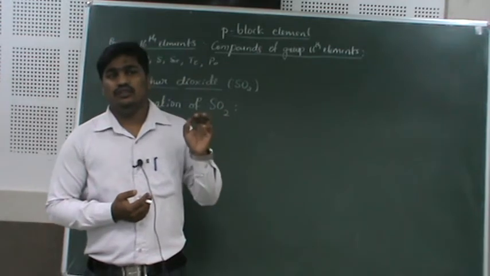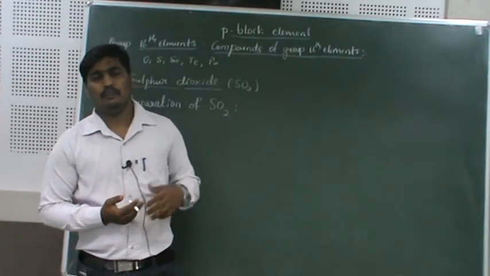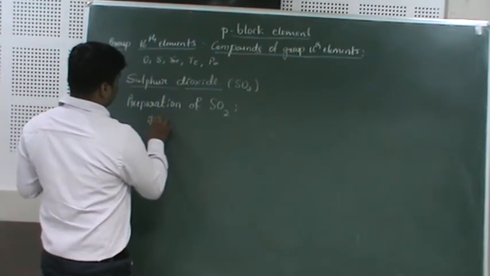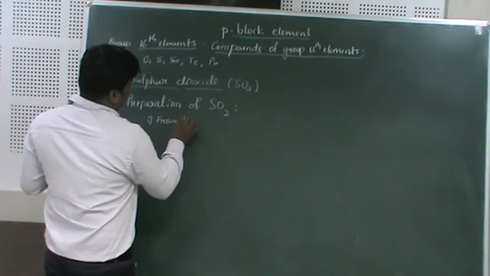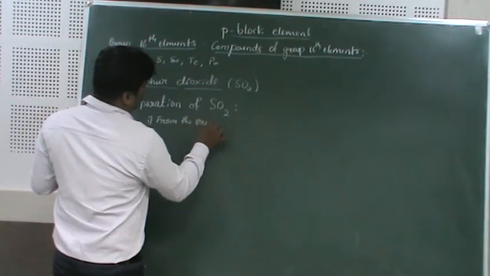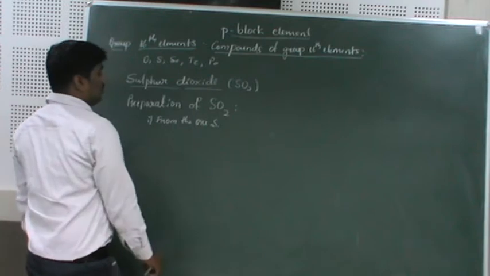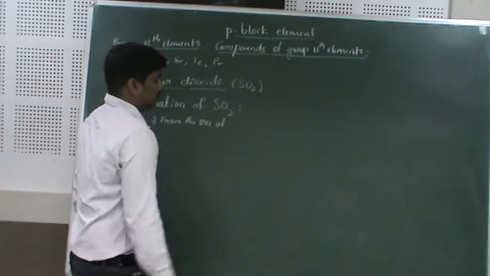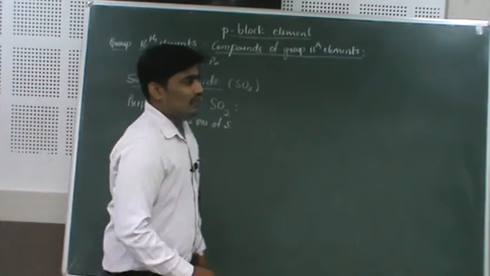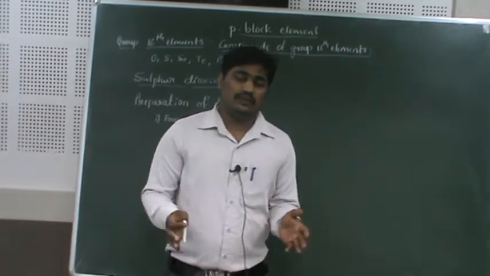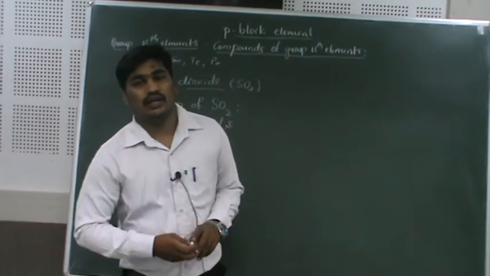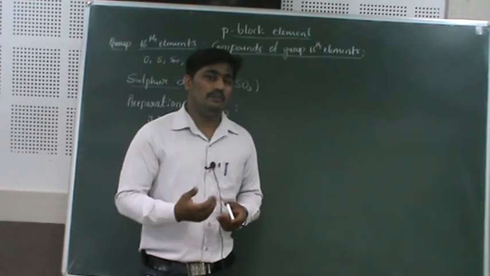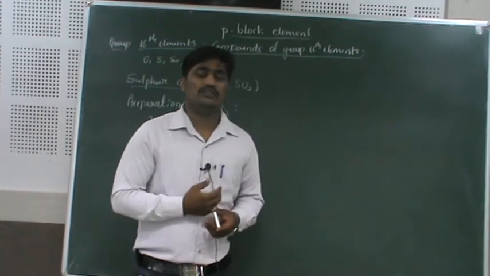The primary method of preparation of sulphur dioxide, the first one, is from the ore of sulphur. Sulphur that is directly obtained from the earth's crust in the form of ore is burned in presence of air.